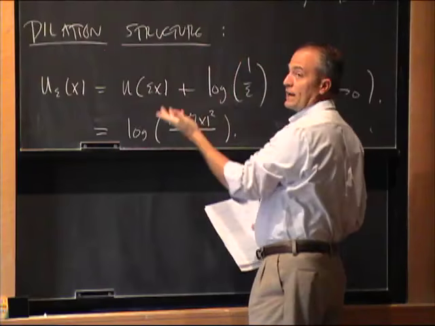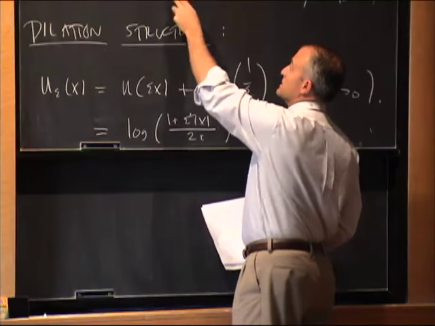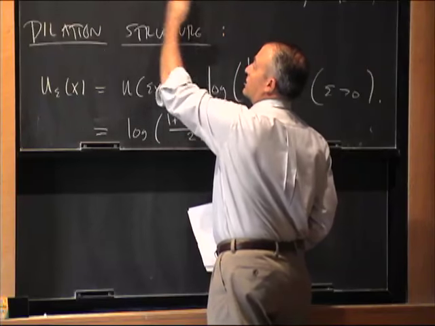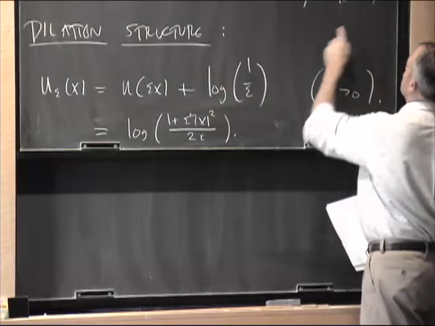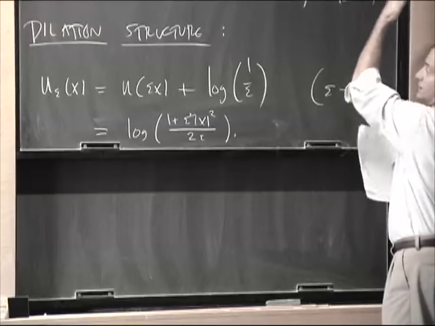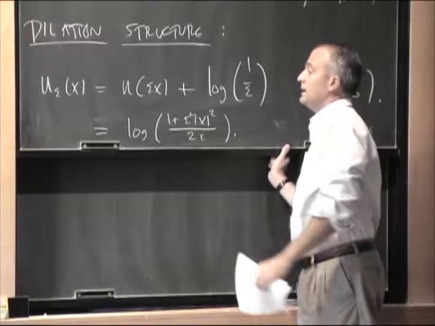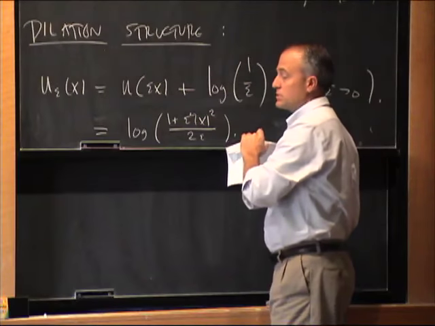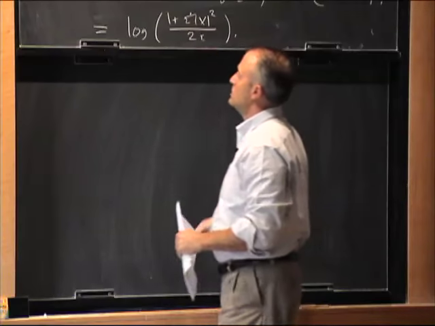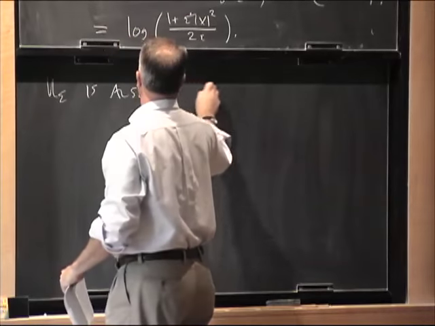These terms are quadratic in the first derivative, so each first derivative will have one factor of epsilon, but this is all quadratic. So I'll have a factor of epsilon squared coming from the left-hand side, and then because of this logarithmic term, when I exponentiate the right-hand side, I get another factor of epsilon squared. So both sides scale the same way, and therefore solutions are invariant under this kind of dilation structure. Okay. So u epsilon is also a solution.